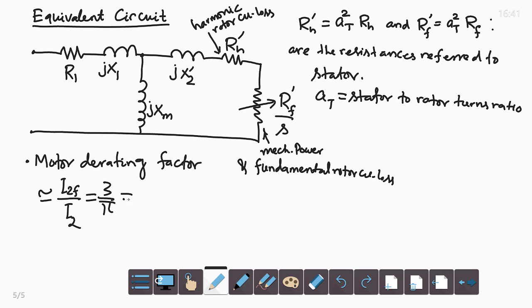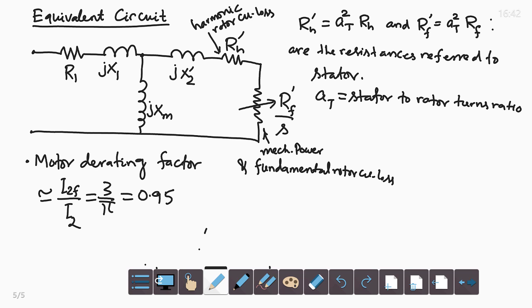So, the derating factor is 0.95. So, this is a disadvantage of the static rotor resistance control scheme, the motor rating has reduced by 5 percent. The derating factor is 0.95.